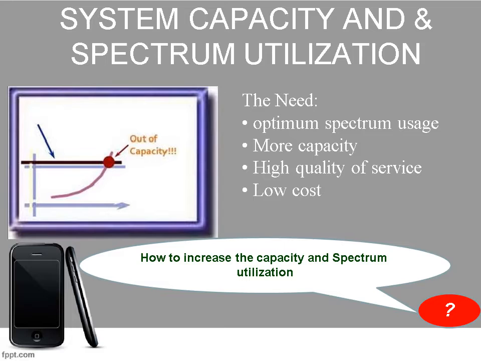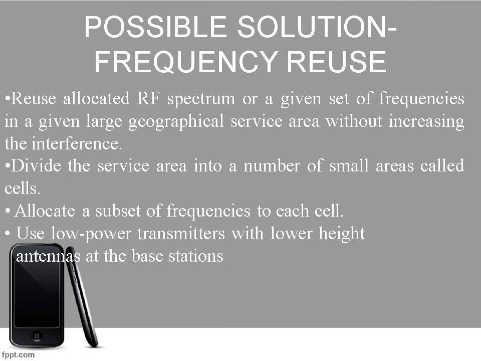Next we are going to see the system capacity and the spectrum utilization. Here the need is optimum spectrum usage, more capacity, high quality of service and low cost. So how to increase the capacity and spectrum utilization? A possible solution is frequency reuse: reuse the allocated RF spectrum or a given set of frequencies in a given large geographical service area without increasing the interference.